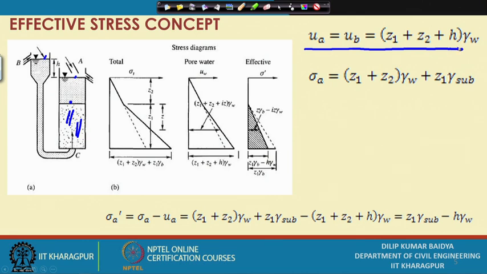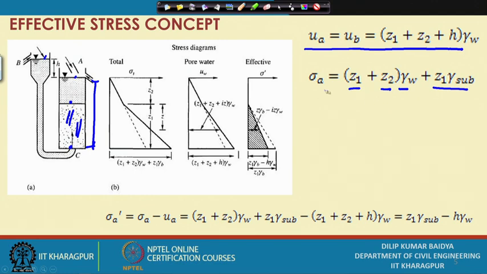And sigma A at this point, the total stress, will be Z 1 plus Z 2 gamma W, because gamma W is there from here to here already, plus, because of soil weight, Z 1 gamma submerged. This is done for all cases.